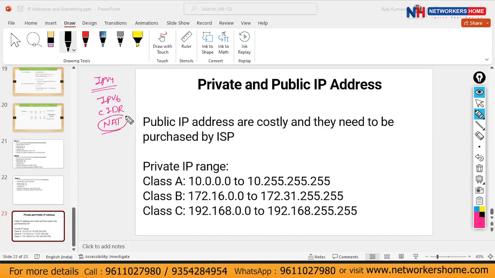And this NAT technology allows the use of your private and public addresses. Means your IPv4 addresses have been divided into private addresses and public addresses. So what are the private addresses and what are the public addresses? See, if I give the difference, let me just open the paint.